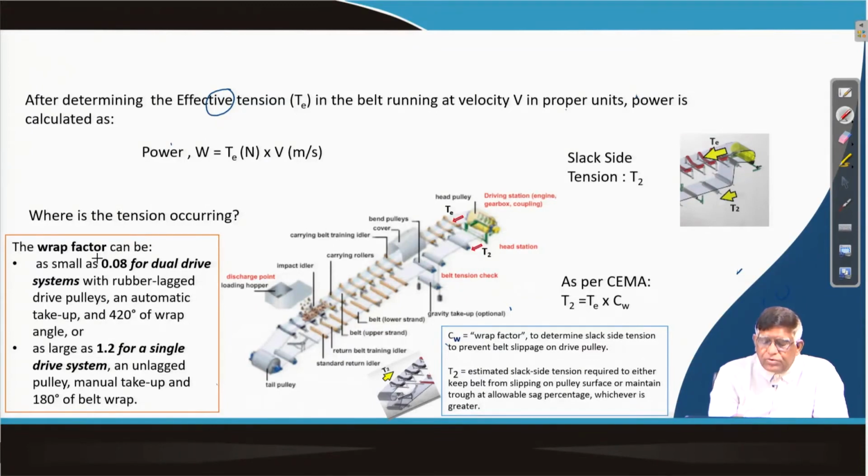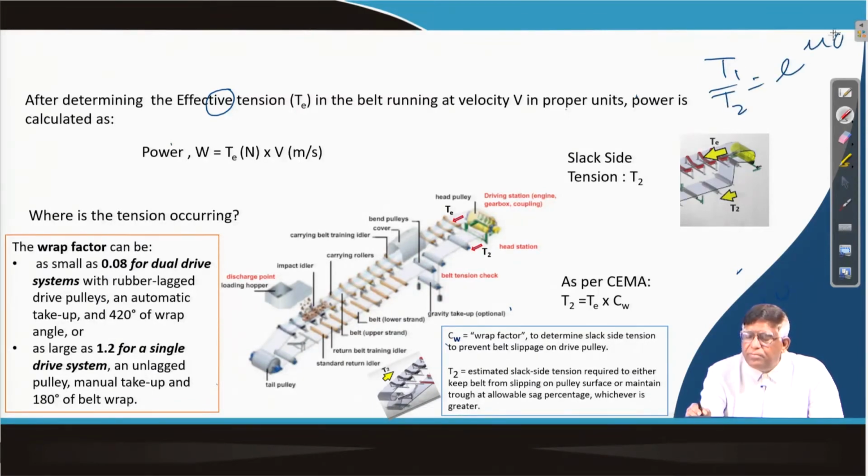In other cases, we calculate T1 by T2 equal to e to the power mu theta. Normally you give a snap pulley to increase this angle of wrap. That angle of wrap is this theta.